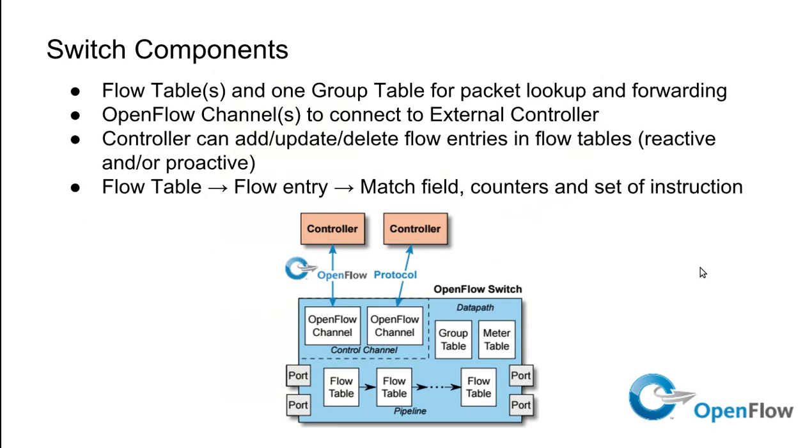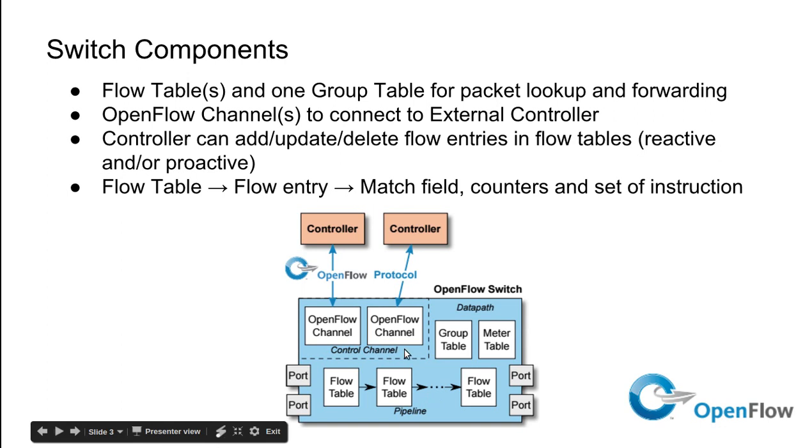About the switch component, OpenFlow should have at least one flow table and one group table. What they do is basically packet lookup and forwarding.